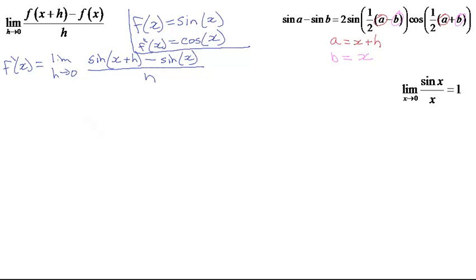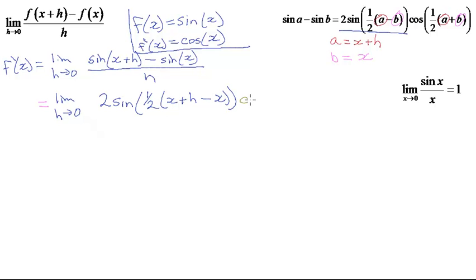So we'll go ahead and do that. The limit as h approaches 0 of, well, we're going to get 2 sine of a half a minus b, so a is x plus h, and minus b, which is x. So that's this first part here.